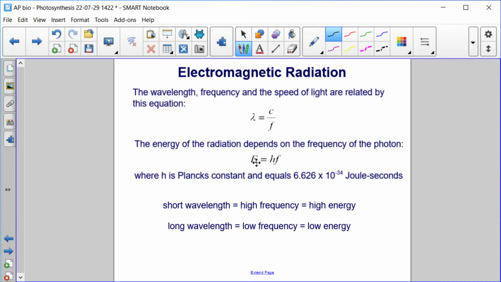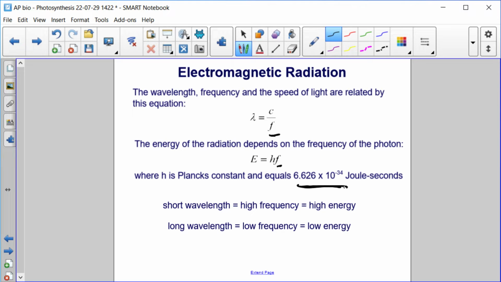So the energy, E, is equal to h times f, where f is the same frequency as above, and h is a constant. It's known as Planck's constant, and it equals 6.626 times 10 to the minus 34 joule seconds.